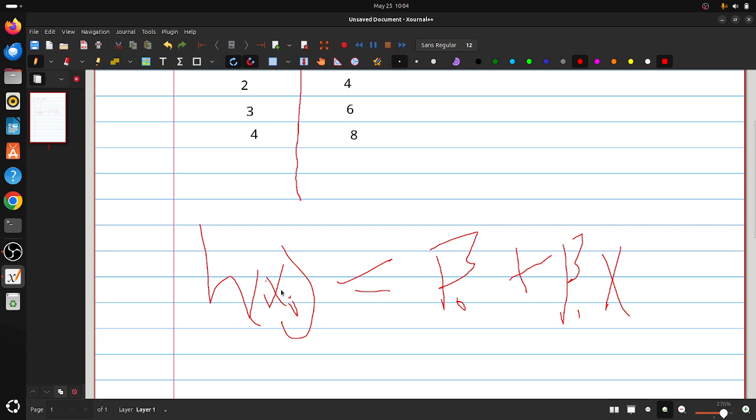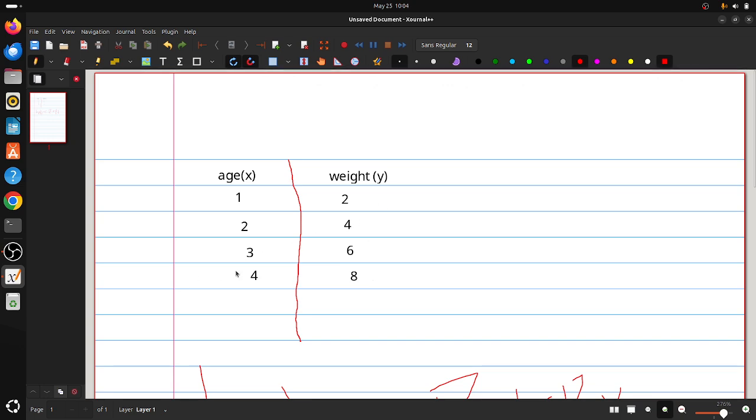This is the relationship we are asserting. This is our hypothesis. Now, meaning we need to predict this, which is the y predicted value.